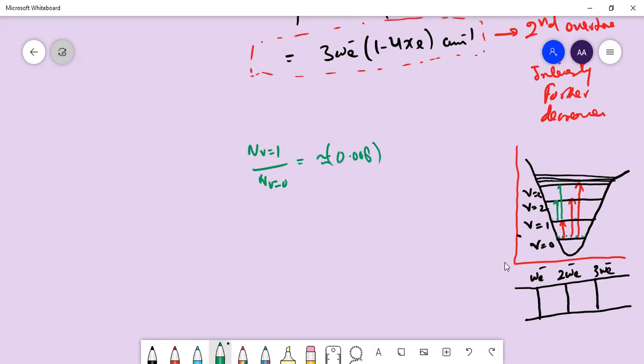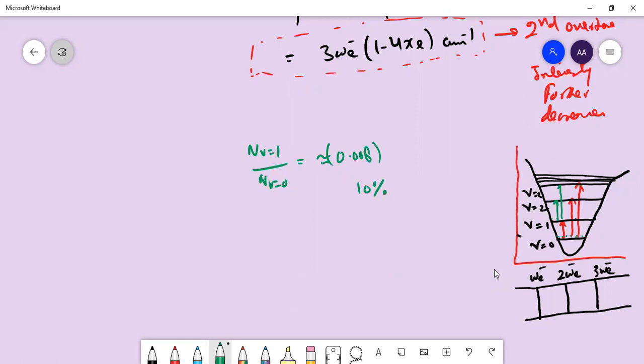It means only a very small fraction of the molecules present in the ground state level will be available in the first energy level. So the transition can occur from V is equal to 1 to V is equal to 2, but due to the population difference between V0 and V1, the probability of this transition is very less.